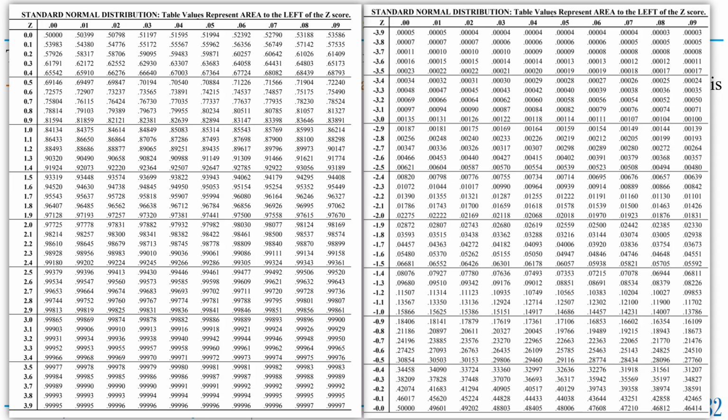Now, identify the area in the z-table for z equal to minus 1.96. Select minus 1.9 and 0.06 from the z-values given in the table. So, the area is 0.025.